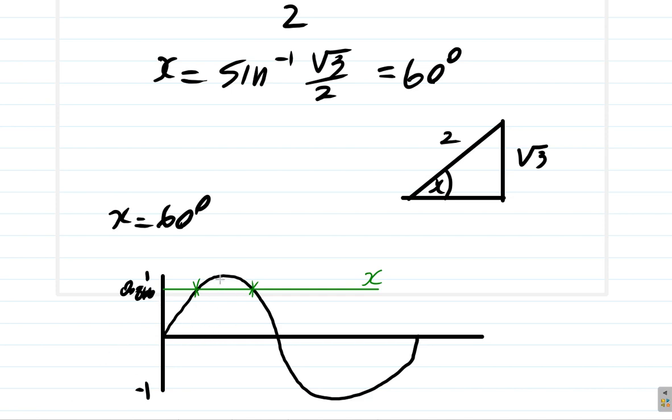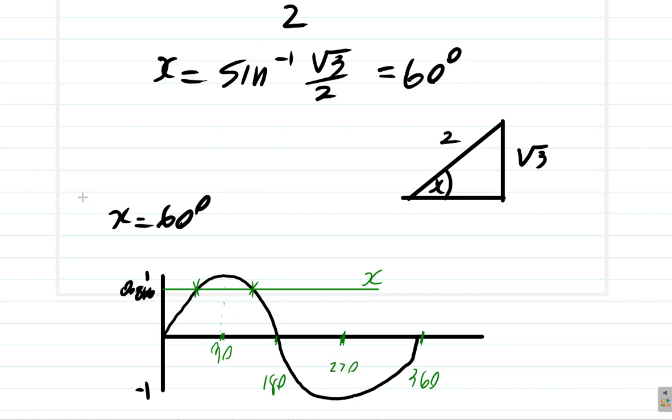Remember now, all the way here is 360 degrees. You have 180 here, this would be 90 right here, 180 here, 360 here, and 180 plus 90 would be 270.